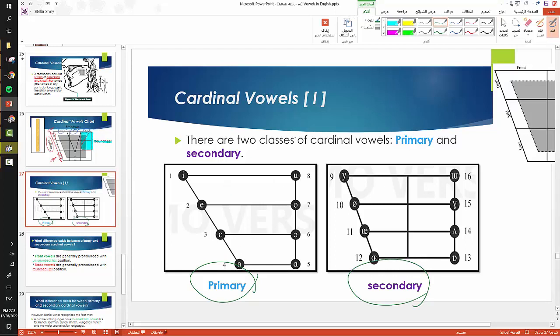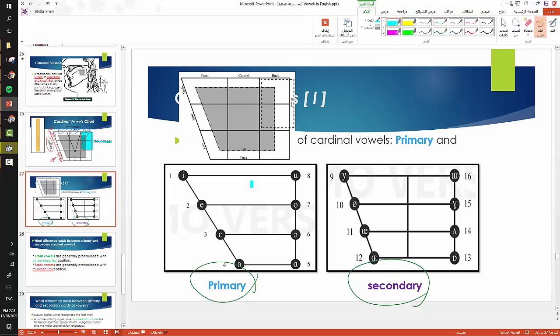So what are the differences between the primary and the secondary? Front vowels in the primary are generally pronounced with unrounded lips. Any vowel in this area is generally pronounced with unrounded lips.